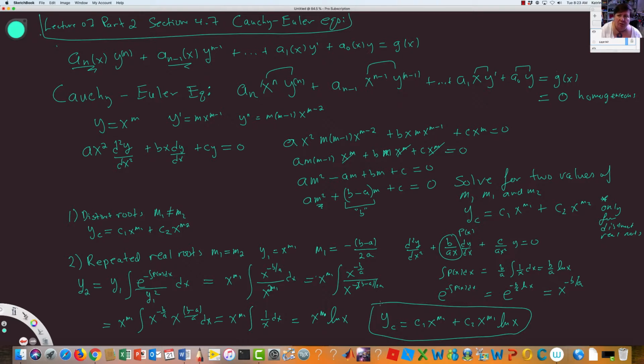Okay, well, as you know, there's a third case, and that is when we have complex roots. So let's look at case 3, complex conjugate roots. Let's write the equation for m down again.